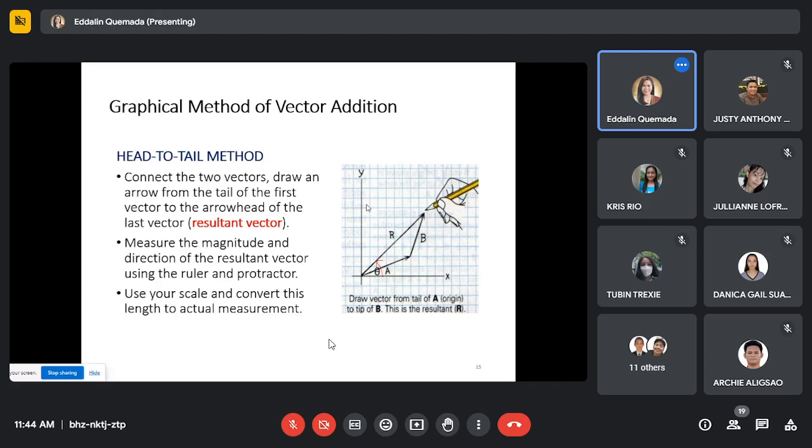Say, if given ka og vector nga 10 kilometers, moving towards north of east with an angle of 10 degrees, how do you plot it kung 10 kilometers ang vector? Maplat ba na nimo? Class?